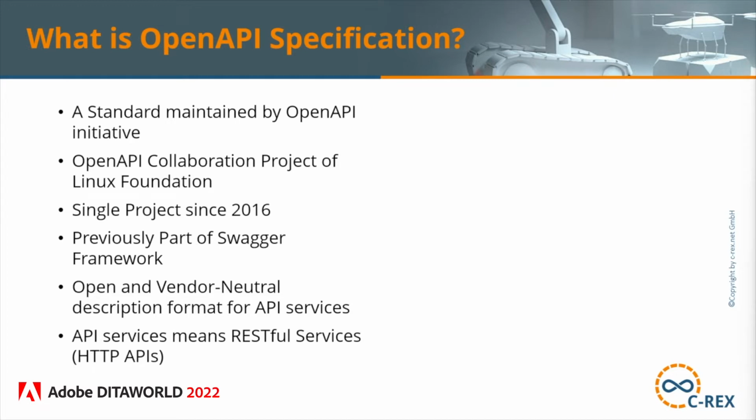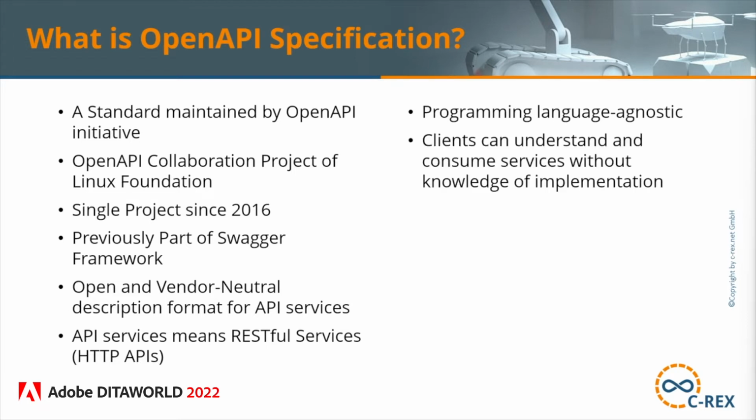Talking about API in this case means APIs of RESTful services. The OpenAPI specification is programming language agnostic, and clients can understand and consume services without knowledge of their implementation.